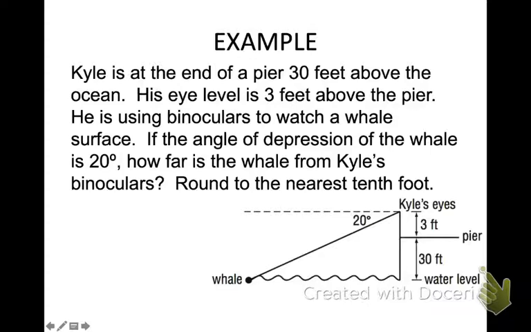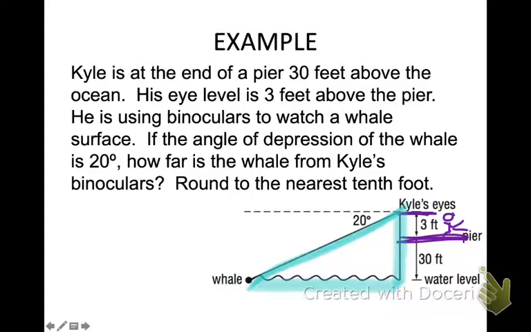Okay, so we've got our pier. You can see here's Kyle, he's standing on the pier, and he's got his binoculars. So we've got our right triangle occurring right here. If you remember what I said before, angle of elevation and angle of depression are exactly the same.